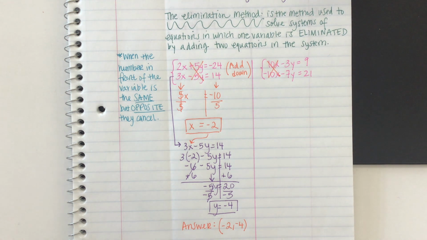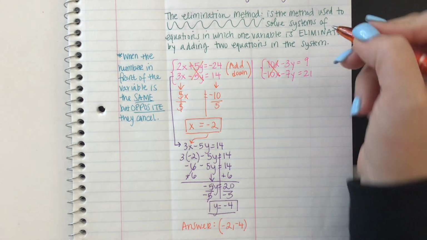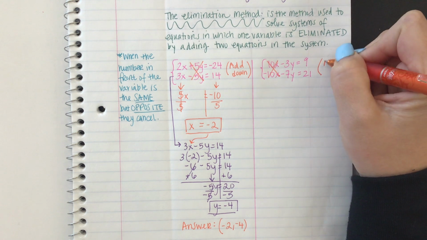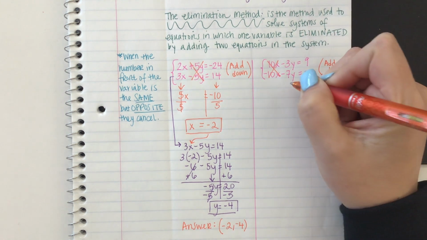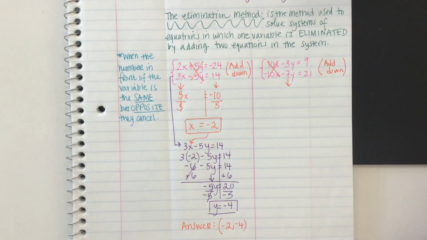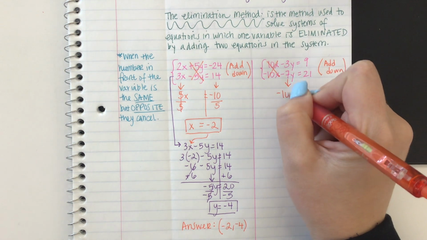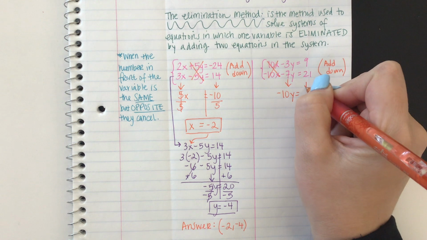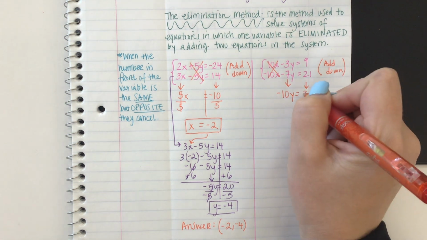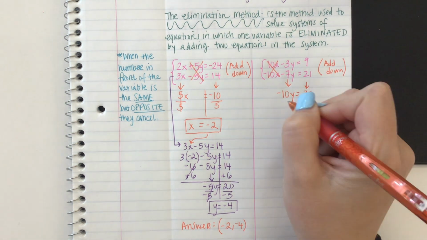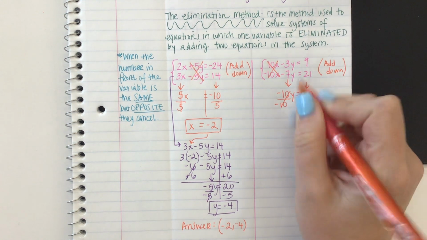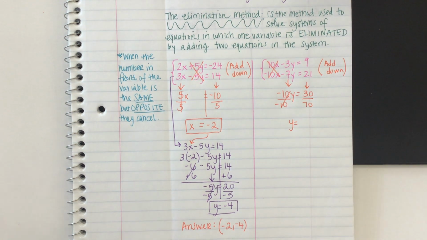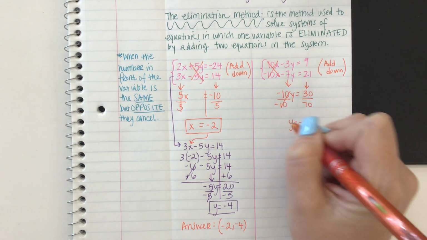Once I find a variable that I can cancel, I can go ahead and add down. Once I add down, I have negative 3y plus negative 7y, which is negative 10y, and I have 9 plus 21, which is 30, and then my last step would be to divide by negative 10 on both sides, so I get y is equal to 30 divided by negative 10, which is negative 3.